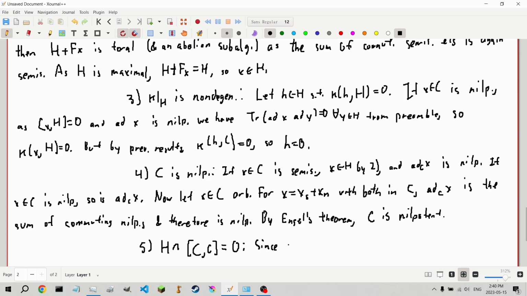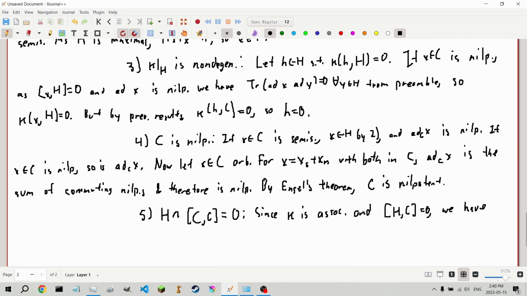Since the Killing form is associative, and the bracket of H with C is 0, we have that the Killing form of H with the derived algebra of C is obviously going to be 0, and so by part 3 we get our result.